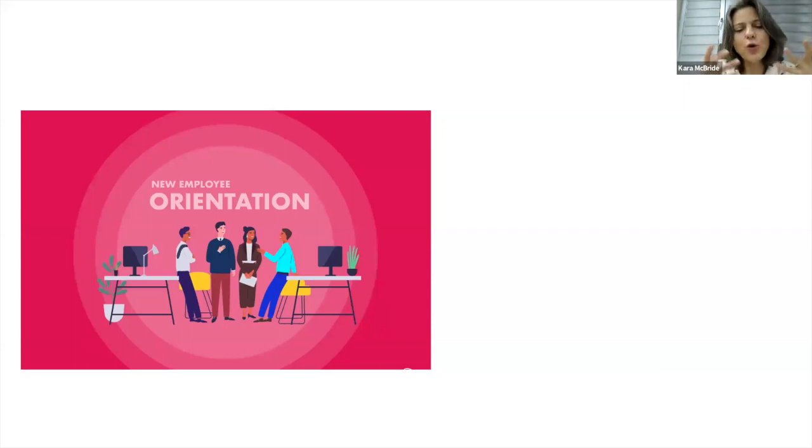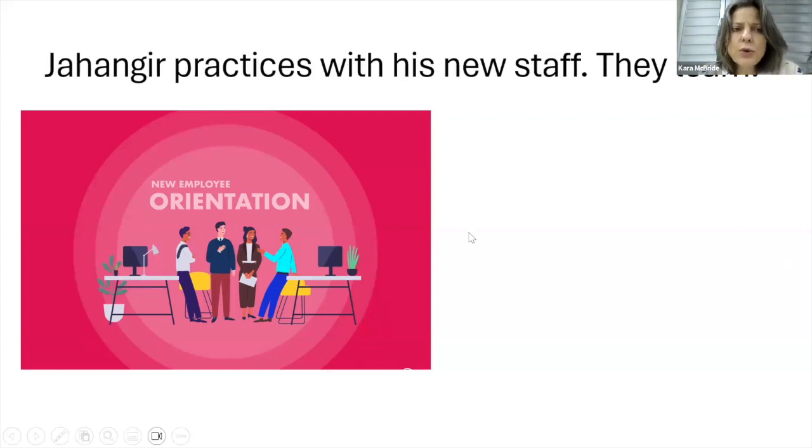You're doing an orientation. You've got some new employees, and you need to teach them their tasks at work. So our guy, his name's Jahangir, because my husband's name is Jahangir, so I named him that. He needs to teach his new people how to file.